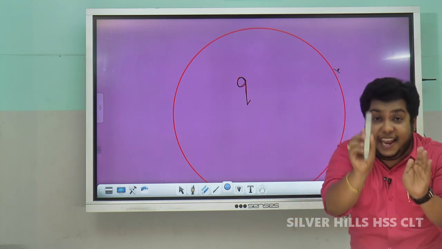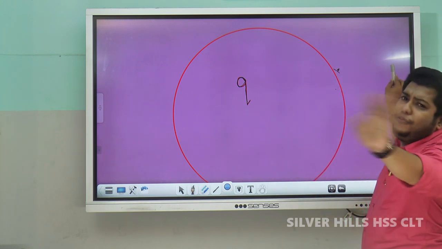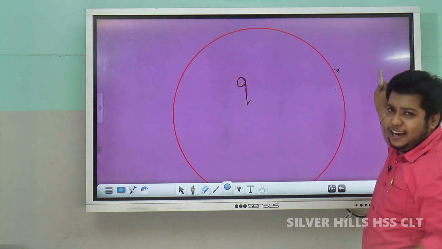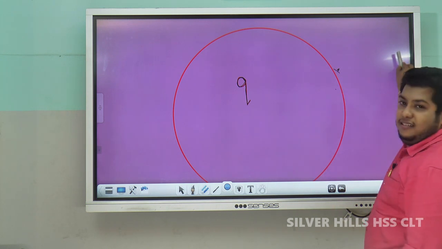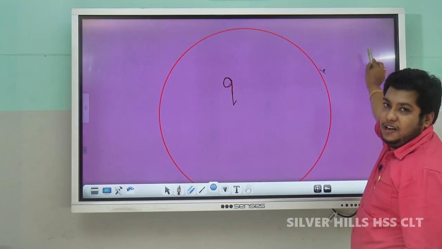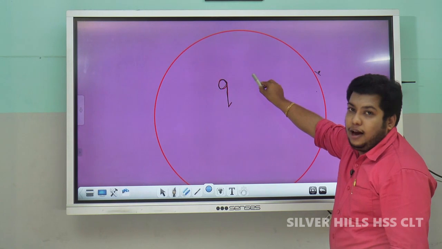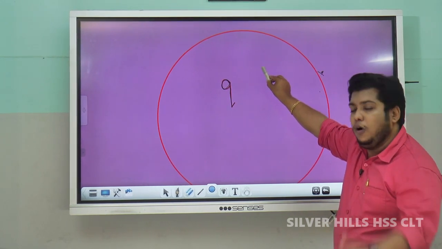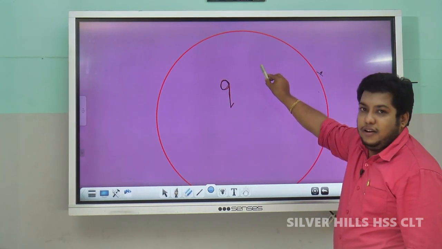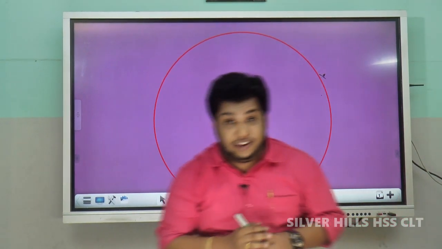When I place a charge outside this field, there will be no force of interaction. But when I place it inside the boundary, either there is repulsion or there is attraction. So this is technically called electric field.